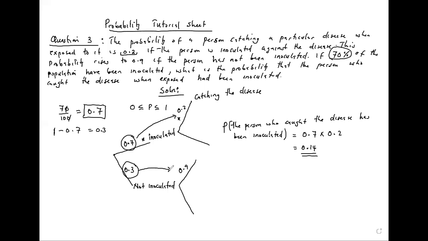The question is saying, what is the probability that the person who caught the disease when exposed had been inoculated? So you multiply the population inoculated by the probability of them getting the disease, 0.2.